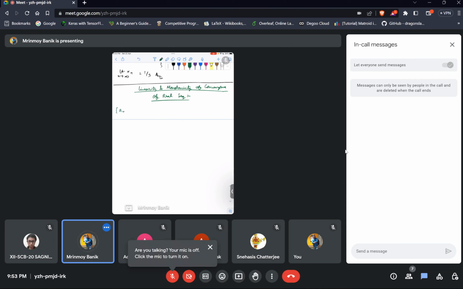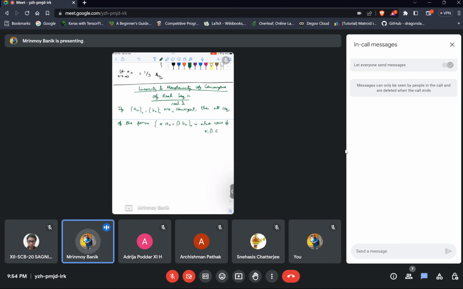So it says if an and bn are two convergent sequences of real numbers, so they are real and convergent, then all sequences of the form of their linear combination, that is alpha times an plus beta times bn, is also convergent, where alpha and beta have to be real.